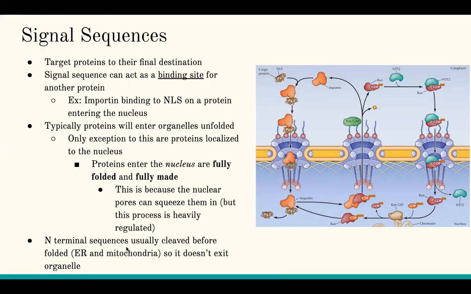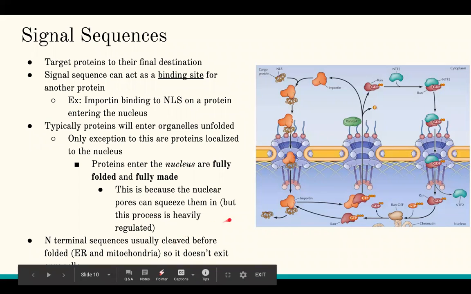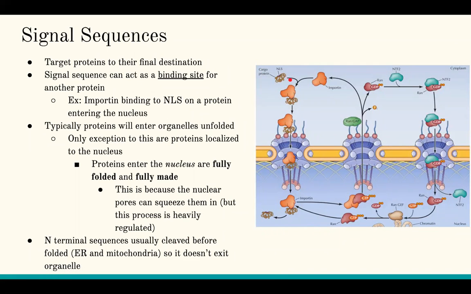So signal sequences, like we said, target proteins towards their final destination. A huge emphasis that Professor Francis likes to mention a lot is that signal sequences act as binding sites for another protein. You see here in this image on the right, we have this newly made protein that needs to go into the nucleus.